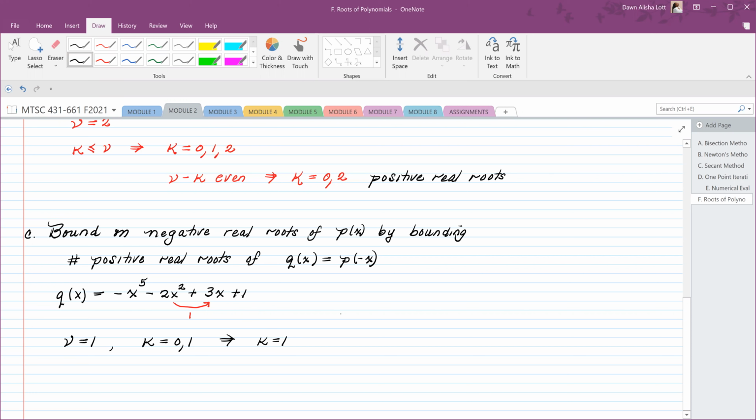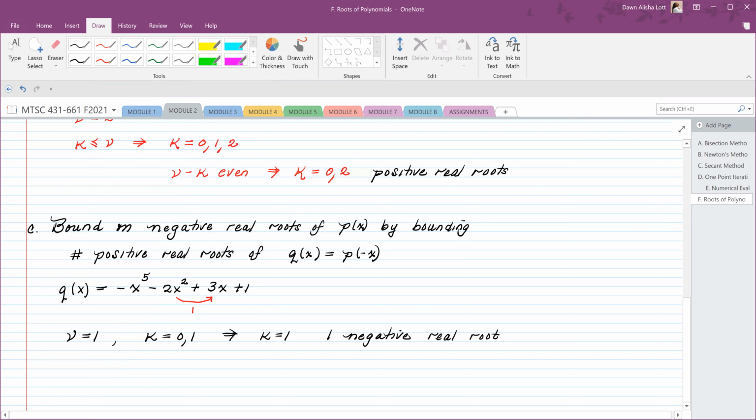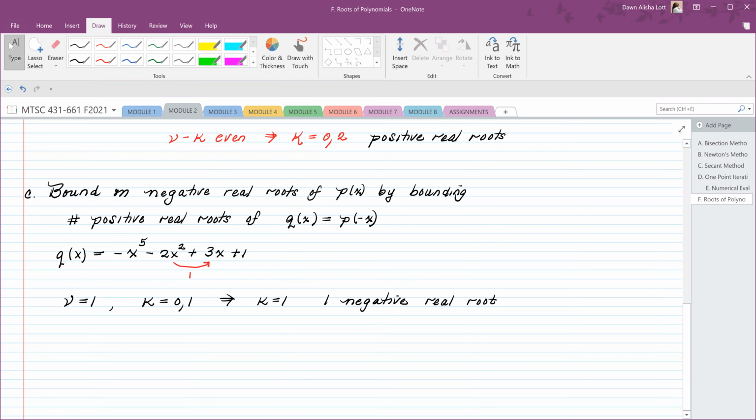So therefore there's 1 negative real root. Okay. So now we have 1 negative real root and either 2 positive real roots or 4 complex roots. Okay, so that's what we know so far.